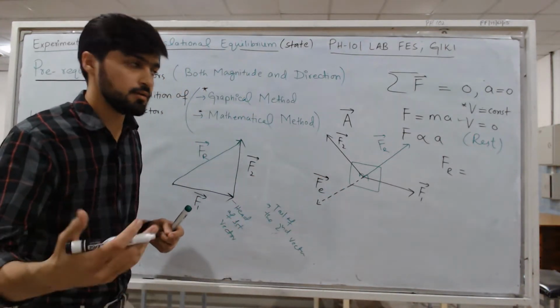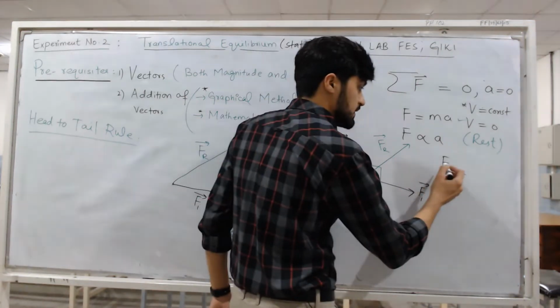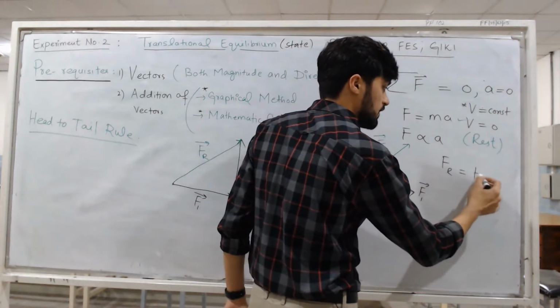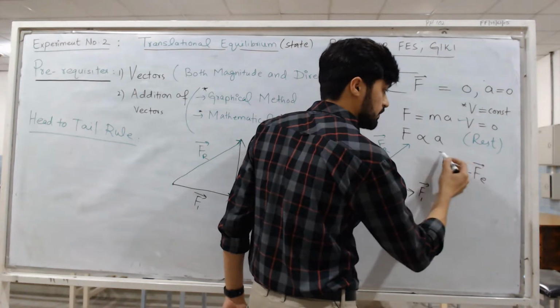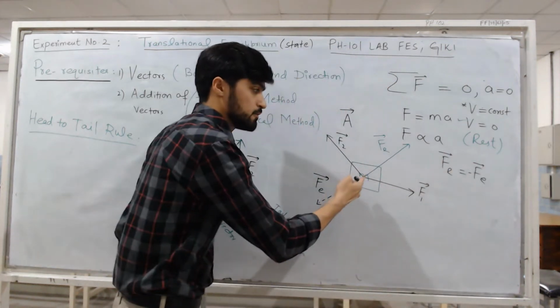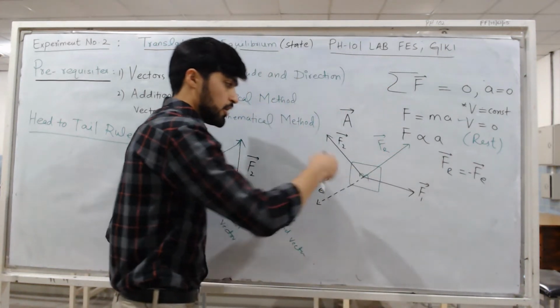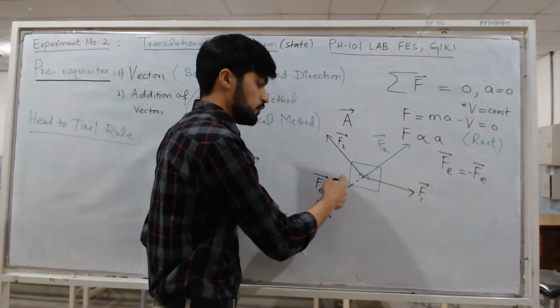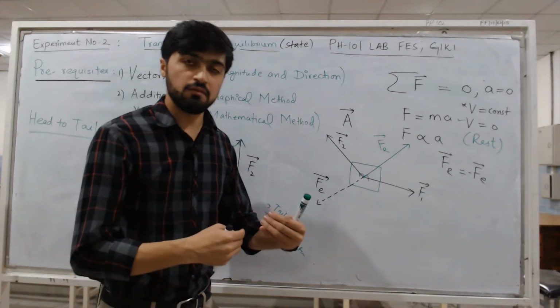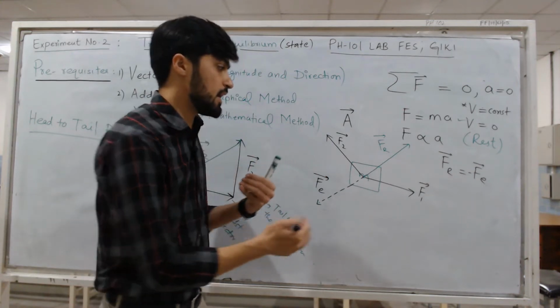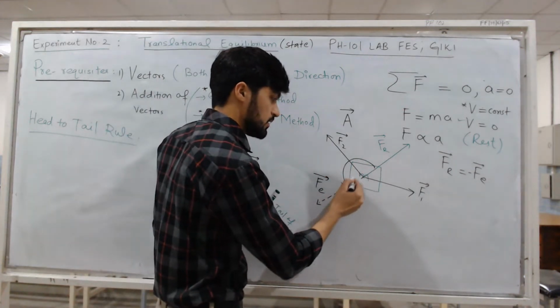If Fr is equal in magnitude to Fe and both are in opposite directions, I will represent it with a minus sign. Fr is pointing in this direction, Fe is pointing in this direction, or they are anti-parallel, having the same magnitudes, at 180 degrees to each other.